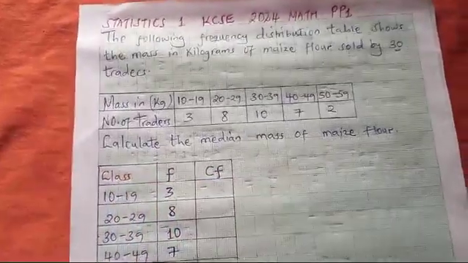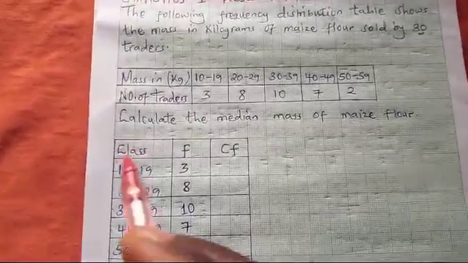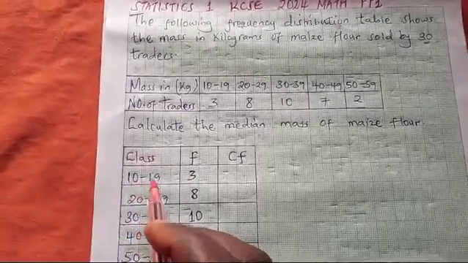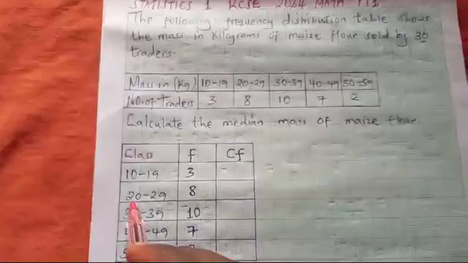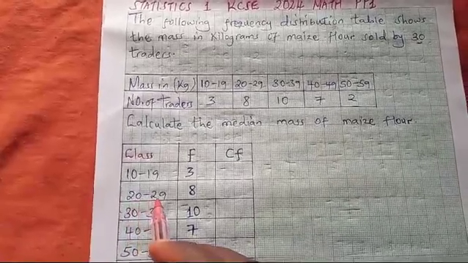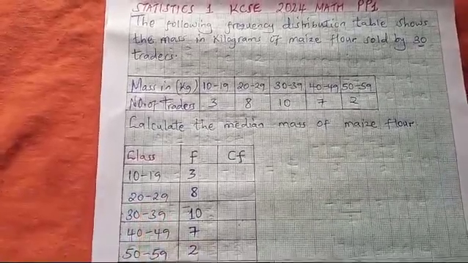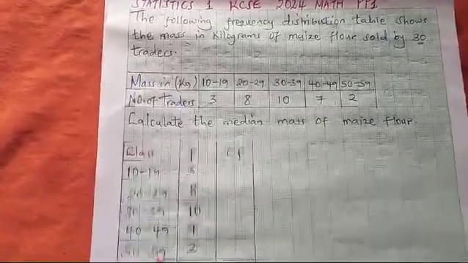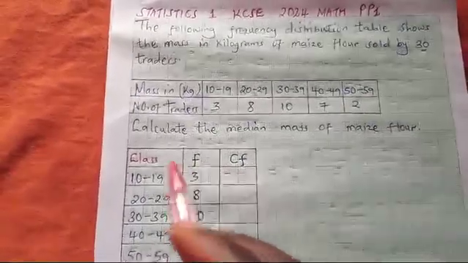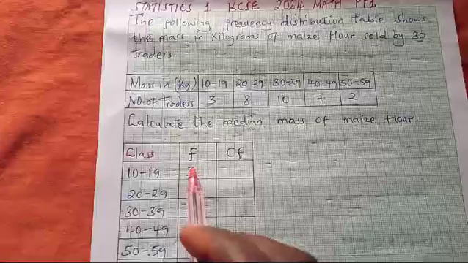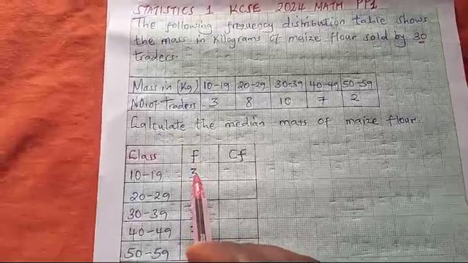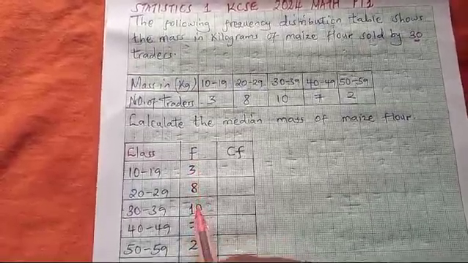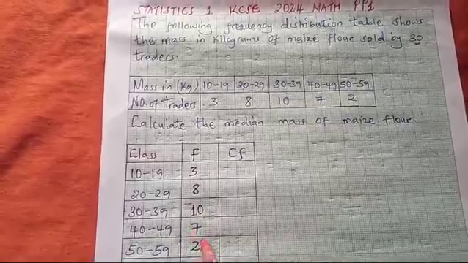Our class is going to start from 10 to 19, then 20 to 29, and the last one is 50 to 59. Of course, we have the number of traders as the frequency: 3, 8, 10, 7, and 2.